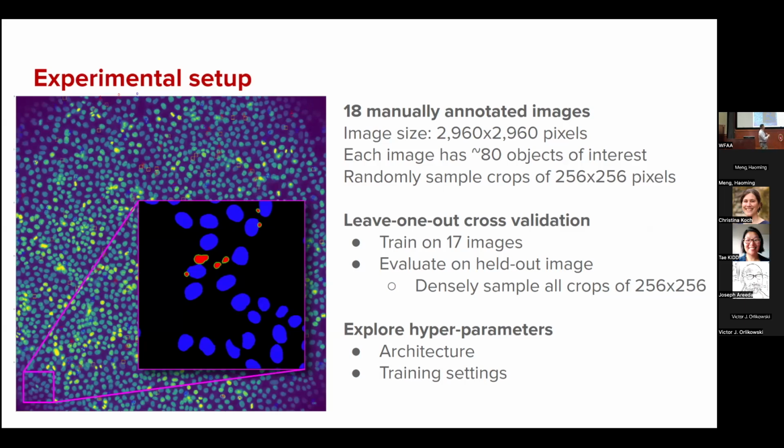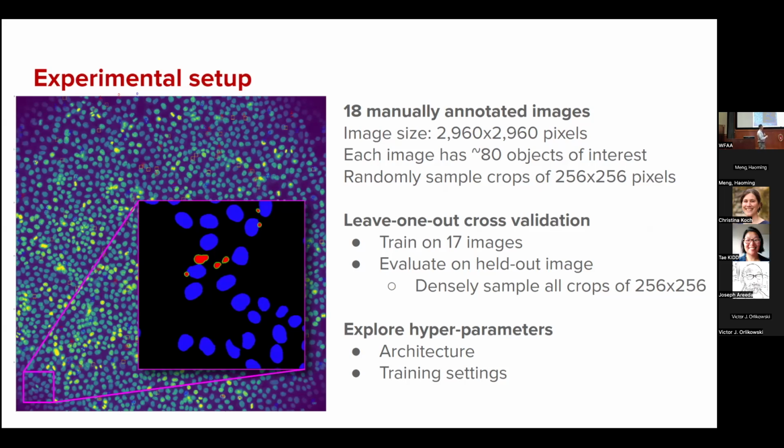And the reason is annotating those images takes a long time. So biologists don't really want to help us in that way. It's the opposite. We should be able to detect those patterns with minimal input.